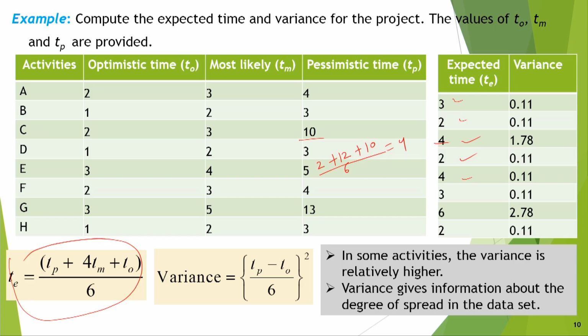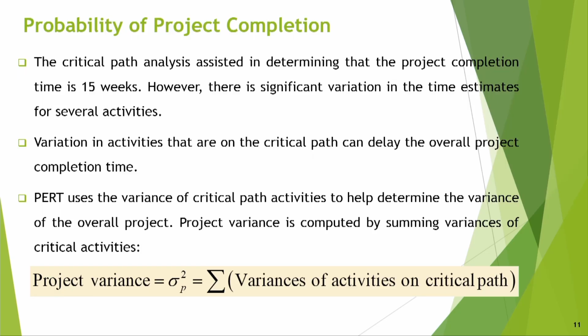Okay. If expected time is in day, then this is square of that, but standard deviation will have the same unit. So, in some activities the variance is relatively higher. Variance gives information about the degree of spread in the data, how much uncertainty is there.